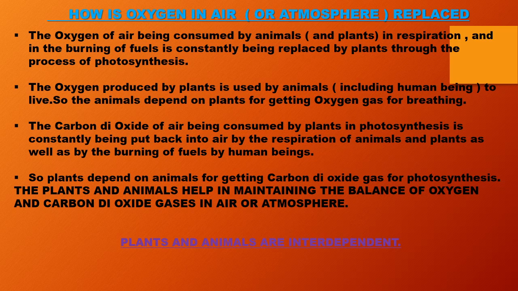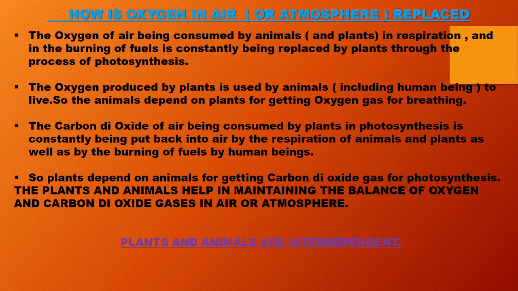The percentage of carbon dioxide in the atmosphere is around 0.04%, so it must have been totally used up, but that is also not happening, because that is also a very interesting fact.